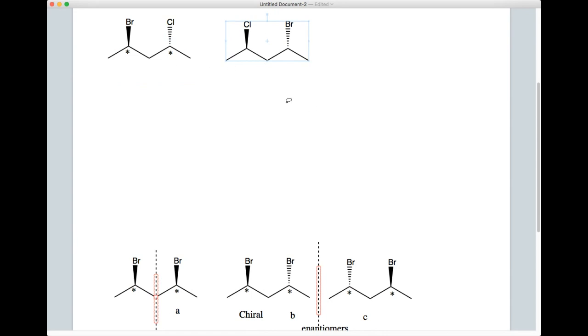So what is the relationship between these two? I'm going to say this is A and this is B. I'm going to ask a question and give you a couple of minutes to think about it.